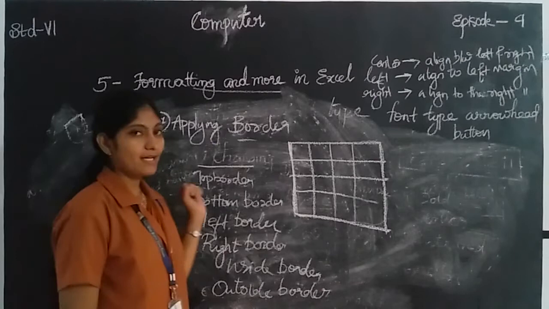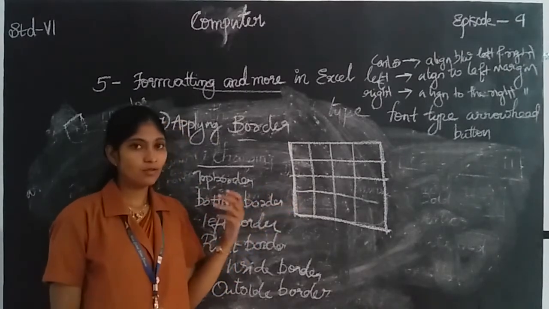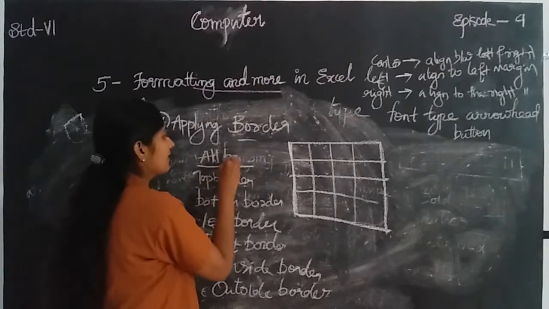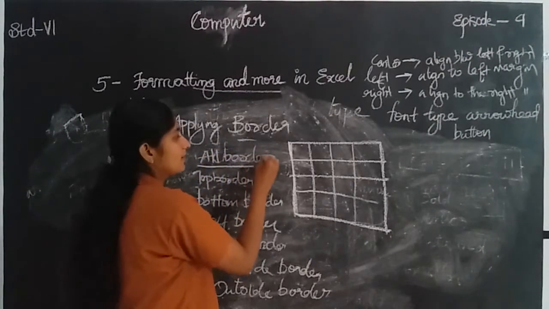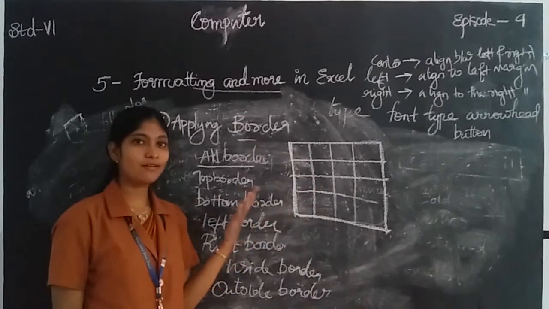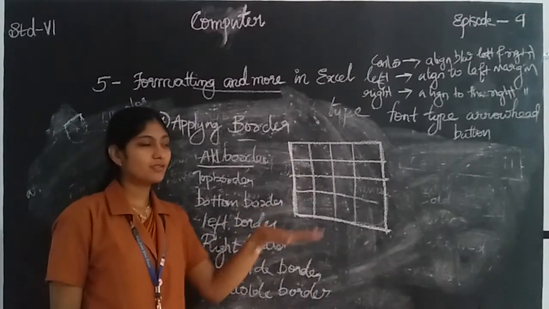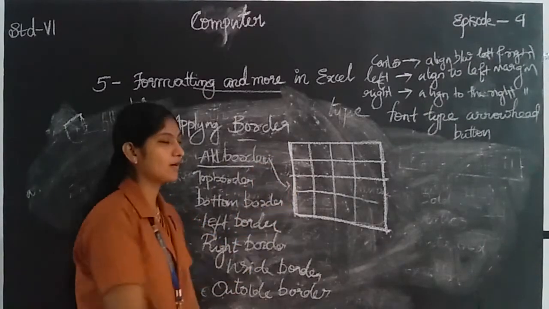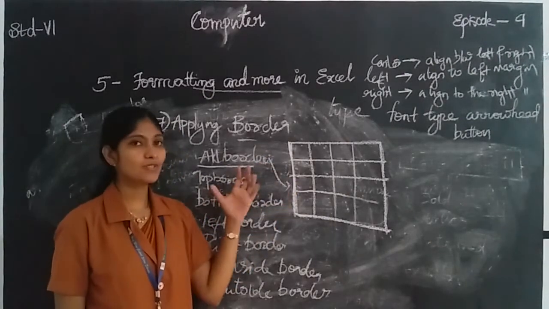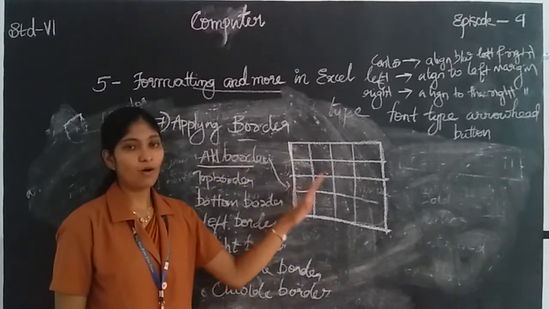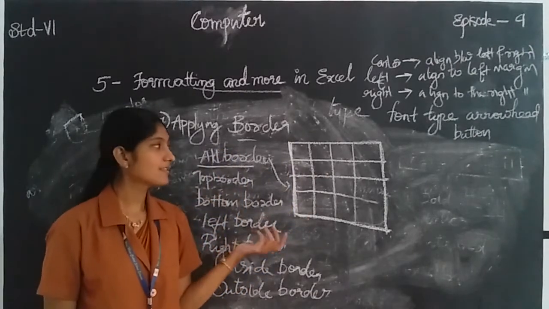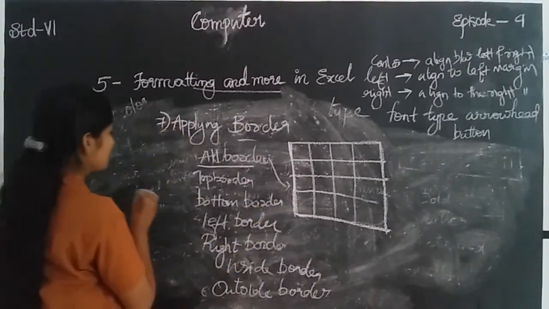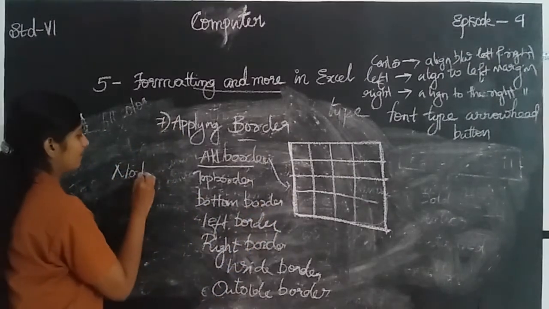Then, for example, if you create a border of all borders, we can make the whole borders, means left border, right border, top border, bottom border, inside border and outside borders, which is known as all borders. So just suppose if we create a table of all borders, then if you want to remove the borders, you can select an option that is no borders.